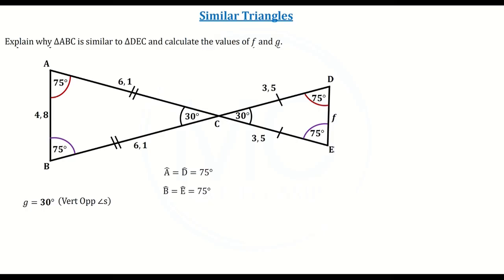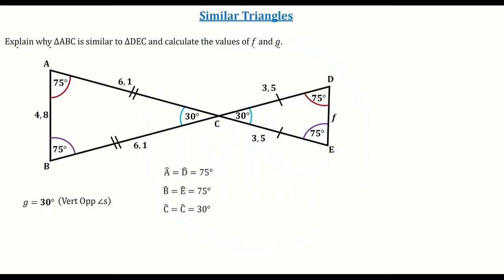C is the last letter in both ABC and DEC. So let's mark angle C in triangle ABC in blue and angle C in triangle DEC in blue as well. Both of these angles are 30 degrees, so we can make a note of this as well.